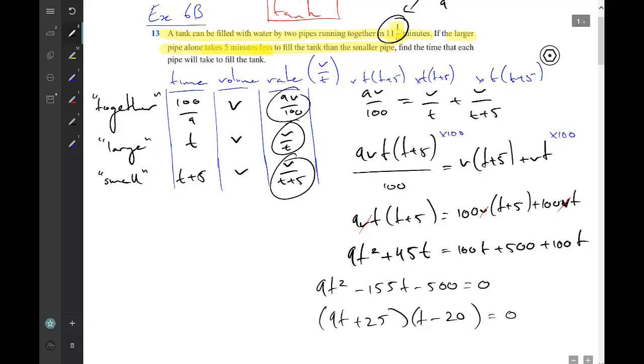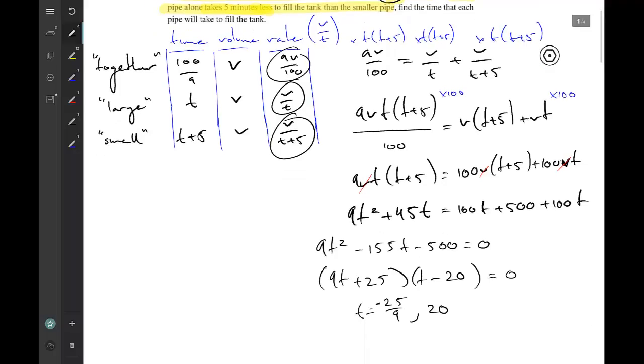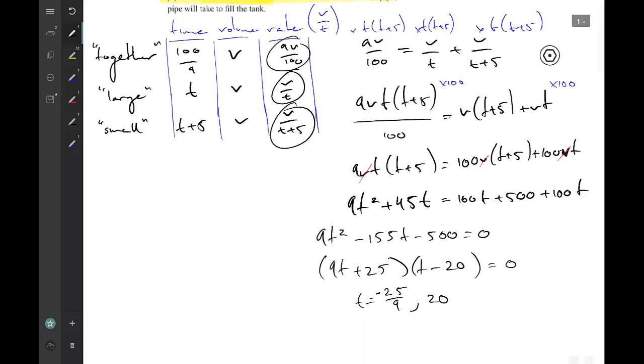Our first solution is negative 25 on 9, and our second solution is 20. Okay, so in this case, it's quite easy to say that clearly T cannot be negative 25 on 9, so this is not feasible.